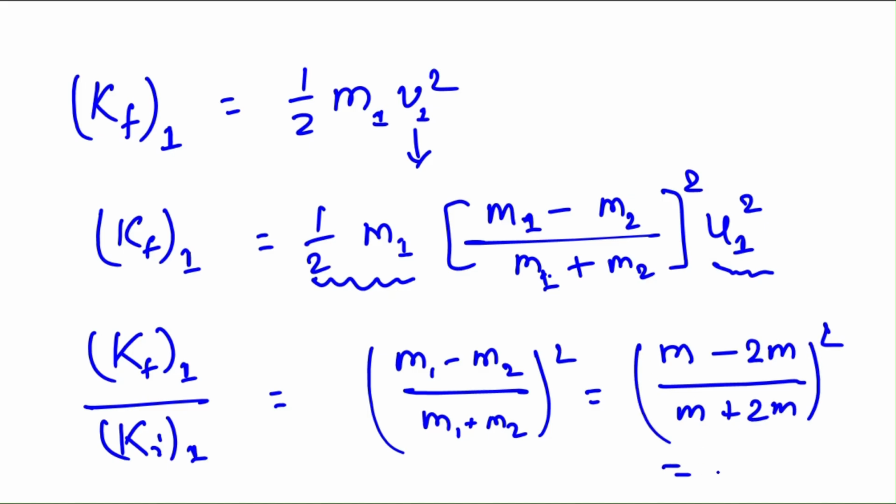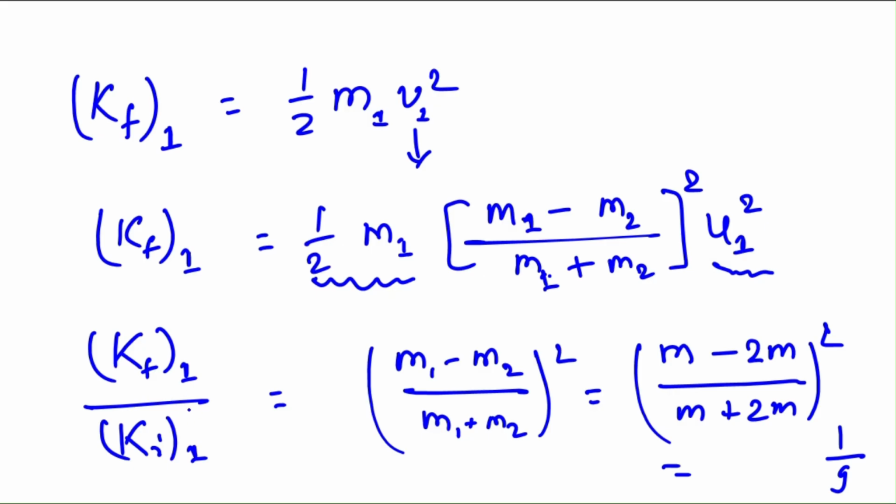So ultimately it is going to give you 1 by 9. So final kinetic energy and initial kinetic energy, look, this is 1 is to 9. So if we want how much percentage is left, in terms of kinetic energy of the neutron.